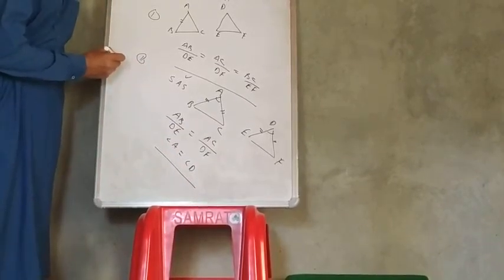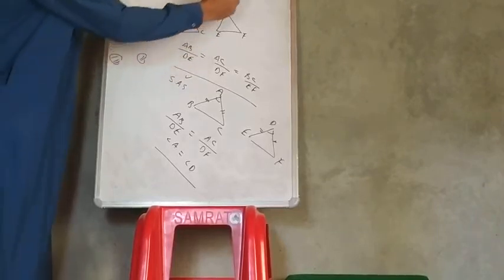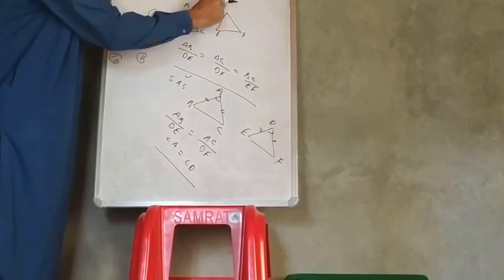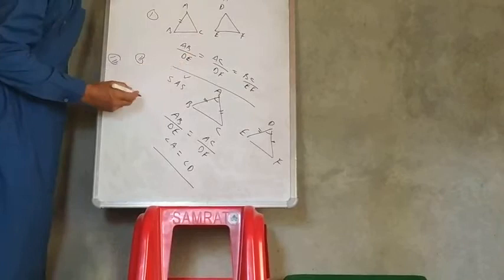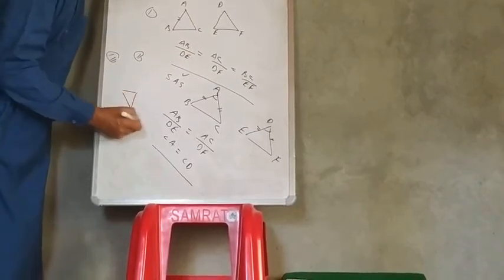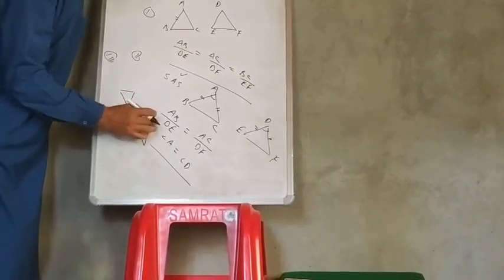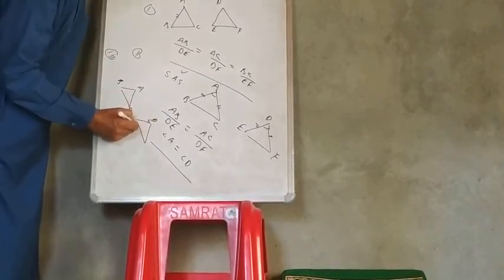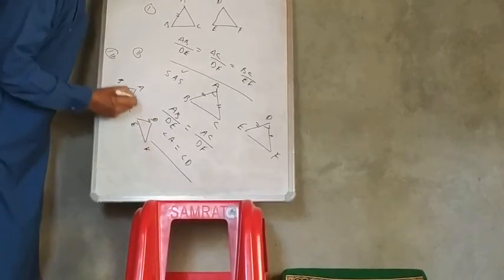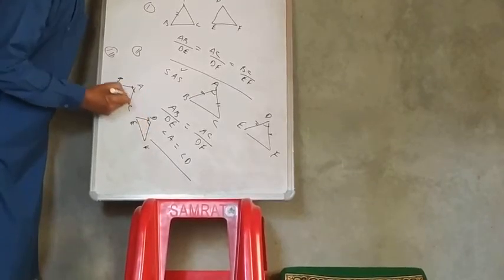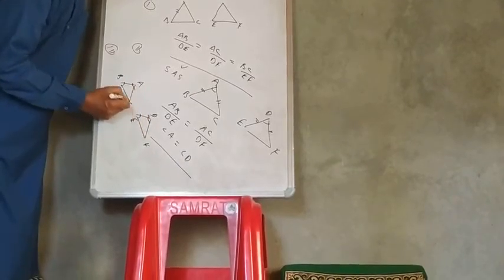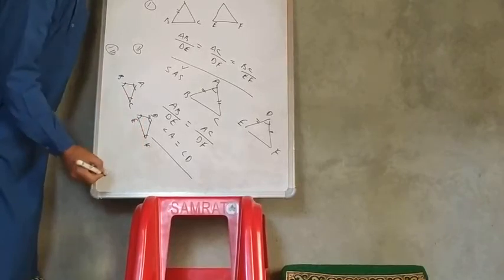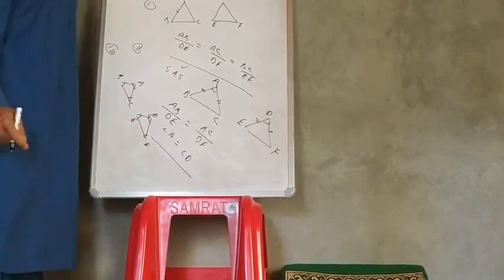The third one is AA similarity, or you can call it AAA similarity, when all angles of one triangle are respectively equal to all angles of another triangle. So this is ABC, this is DEF. If angle A is equal to angle D, angle B is equal to angle E, and angle C is equal to angle F, then the two triangles are said to be similar.